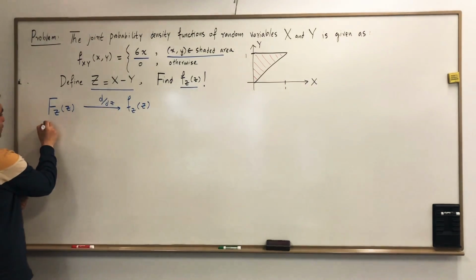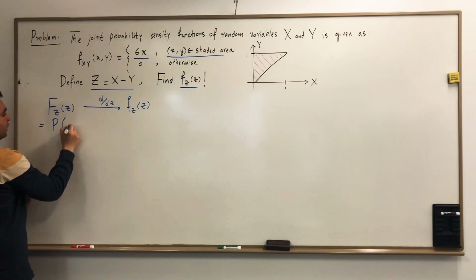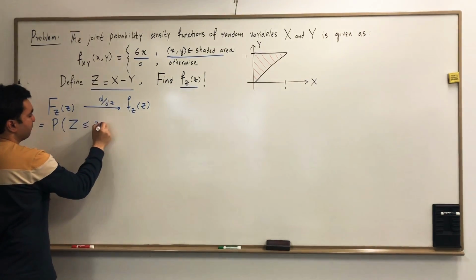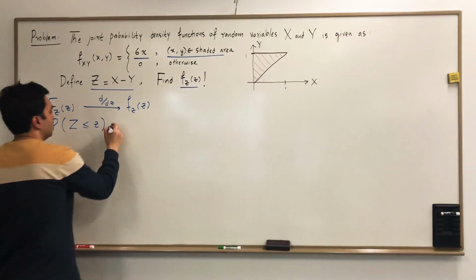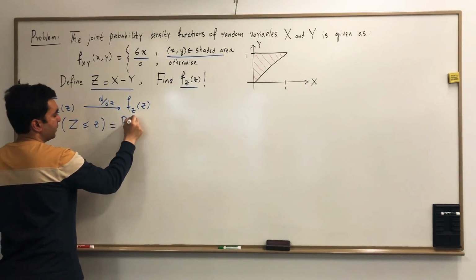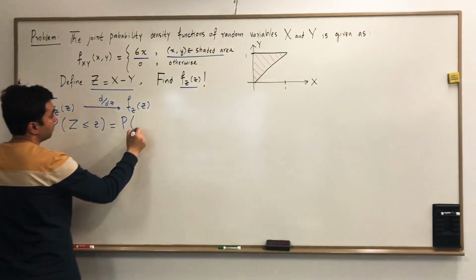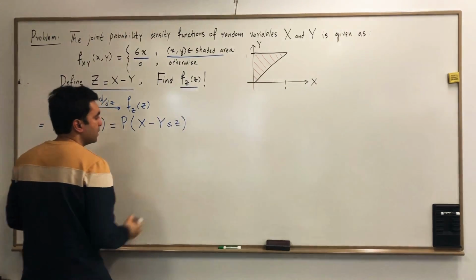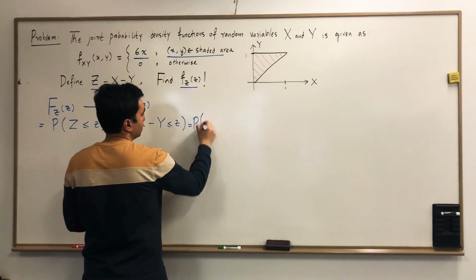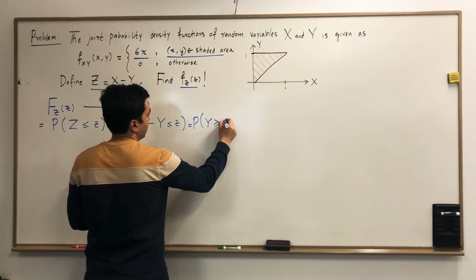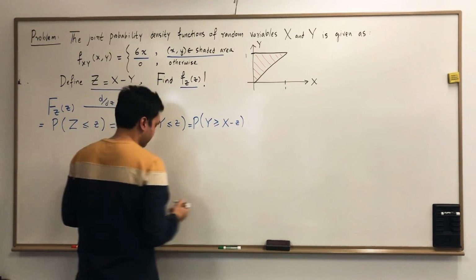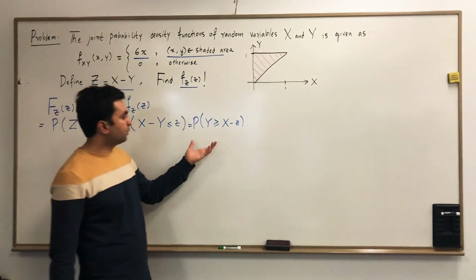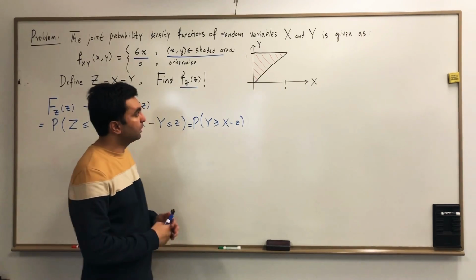So the distribution function is by definition the probability that the variable Z is smaller than some value z, which is arbitrary, and this can be written as the probability of X minus Y being smaller than z, which turns out to be the probability that Y is bigger than X minus z. So the distribution function F_Z of z is to find the probability that Y is bigger than X minus z.